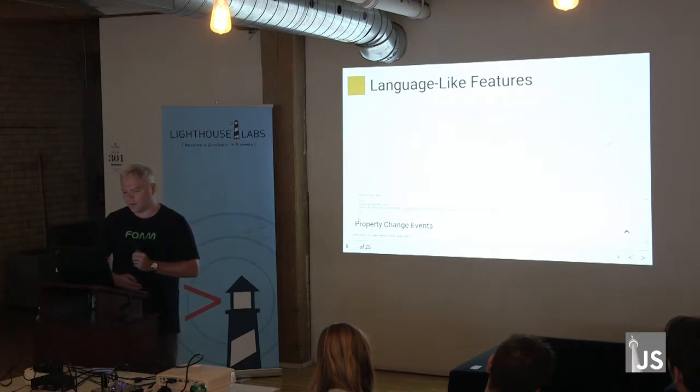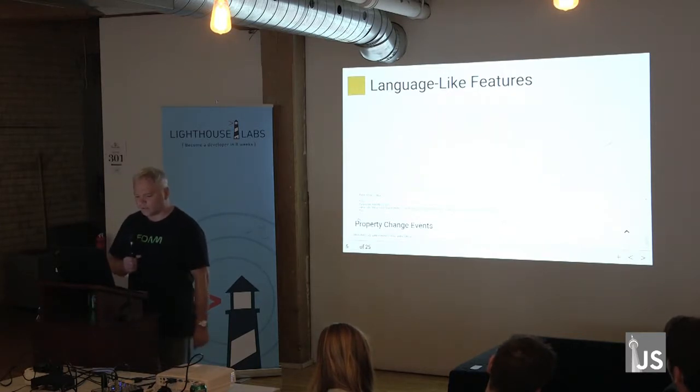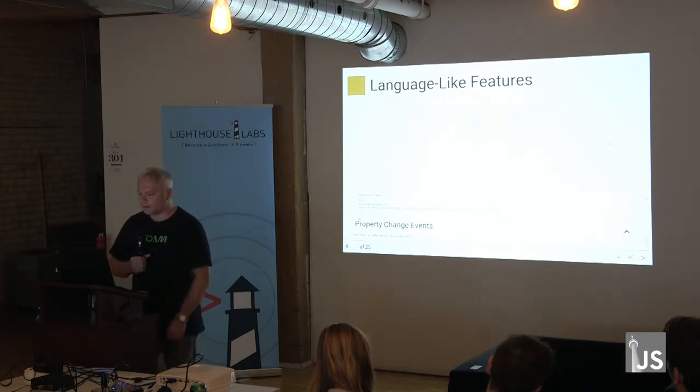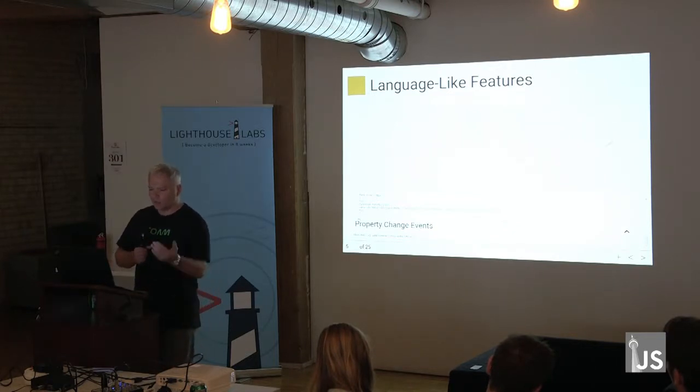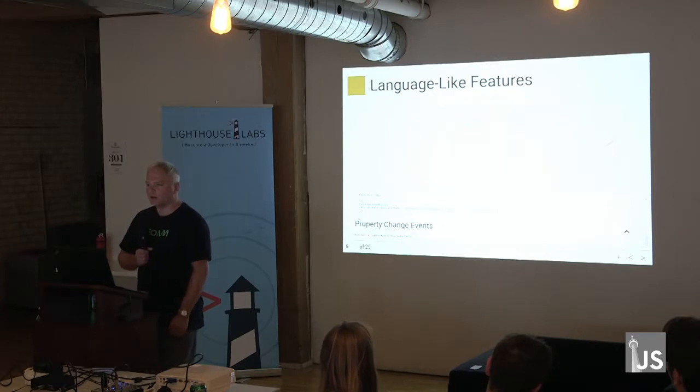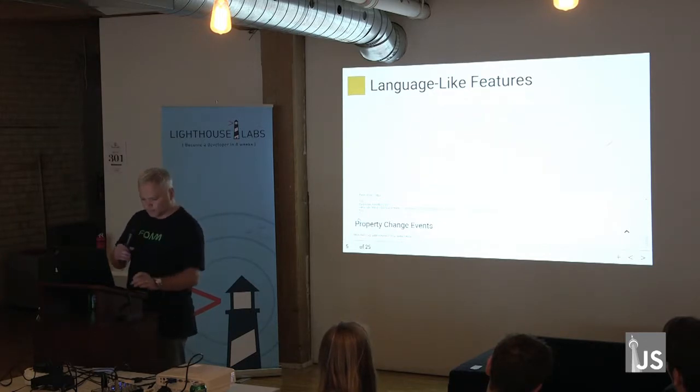Also, we have reflection and type checking. And we don't do this through a transpiler. We just do this by compiling the model on the client. So if you want to use a transpiler like CoffeeScript or an ECMAScript 6 transpiler, because we don't do that, you're still free to do it.